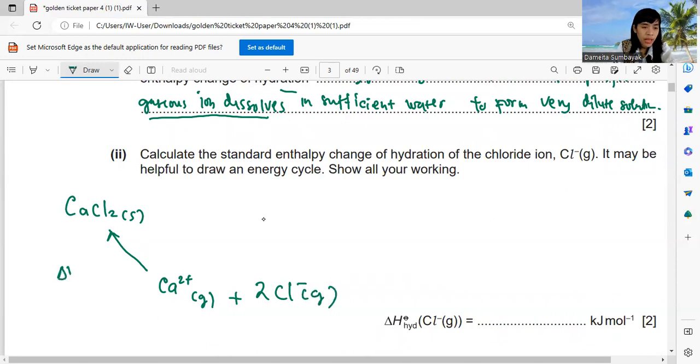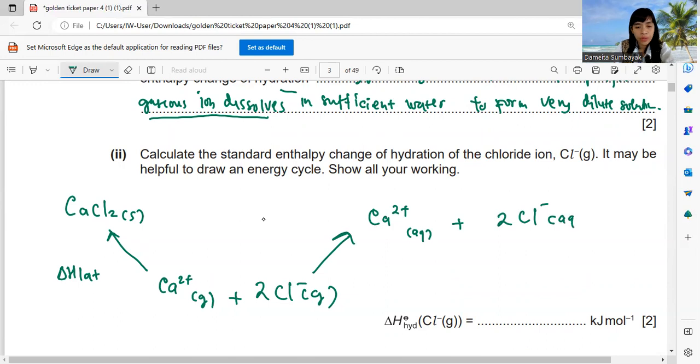We call this one delta H lattice. Then these gaseous ions, when we dissolve them in a solution, will form Ca2+ aqueous plus 2Cl- aqueous. We call this one delta H hydration.